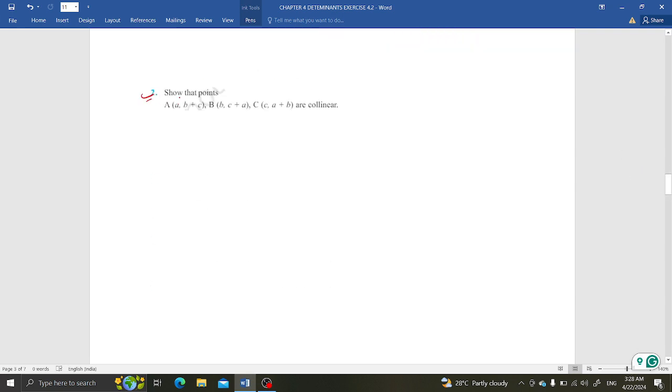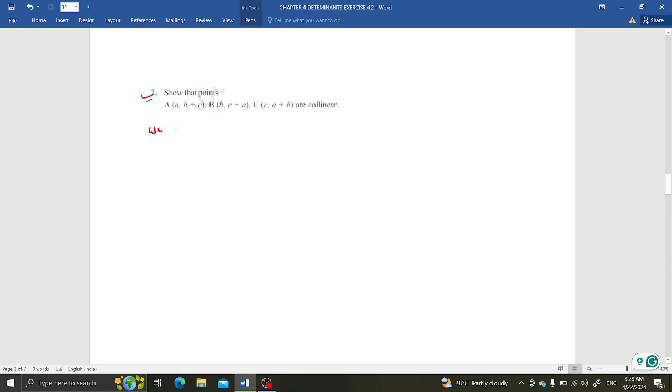What they are saying is: show that the points a comma b plus c, b comma c plus a, and c comma a plus b are collinear. So collinear means we need to show that these 3 points are collinear.